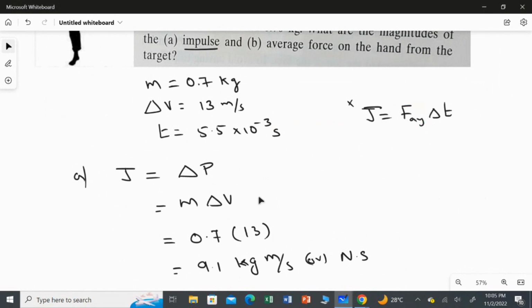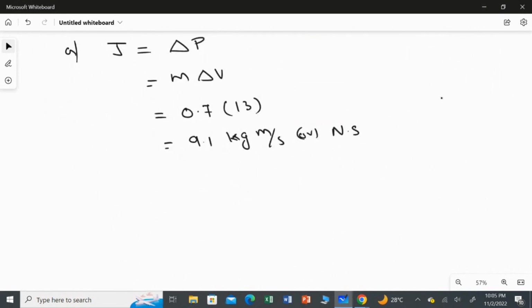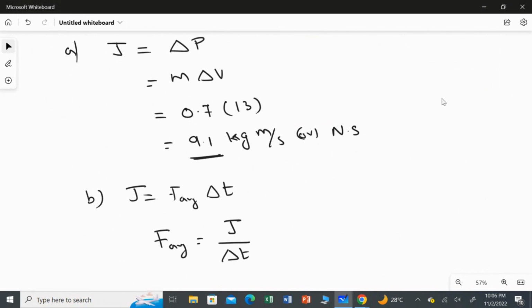But once you solve the first part, we can easily find the average force by using the second formula for the impulse: J is equal to the average force multiplied by the time duration, the time of impact. If I rearrange this equation, the average force is equal to impulse divided by change in time.